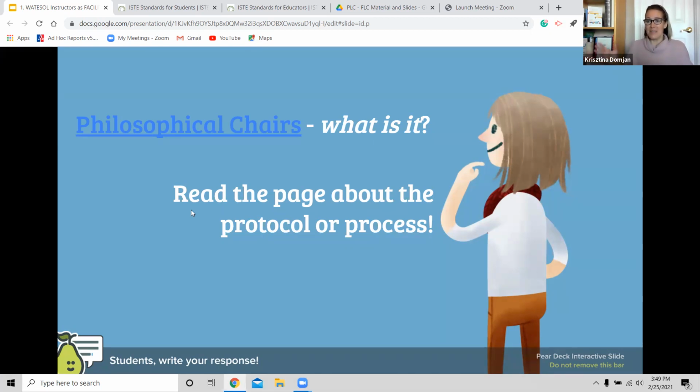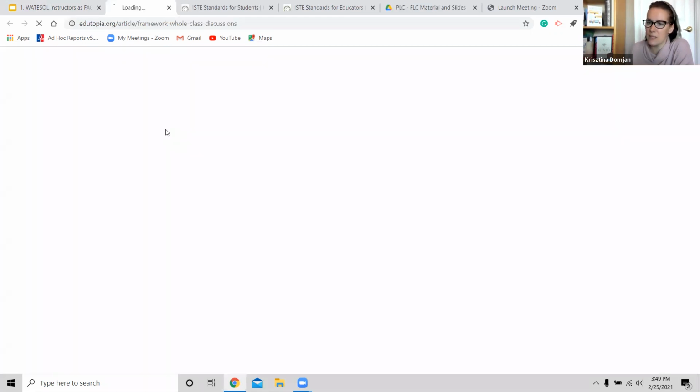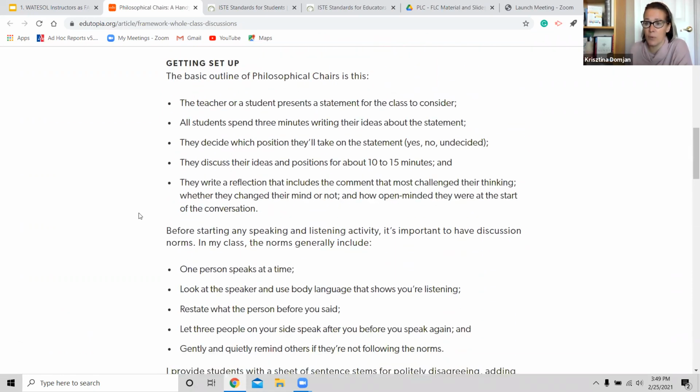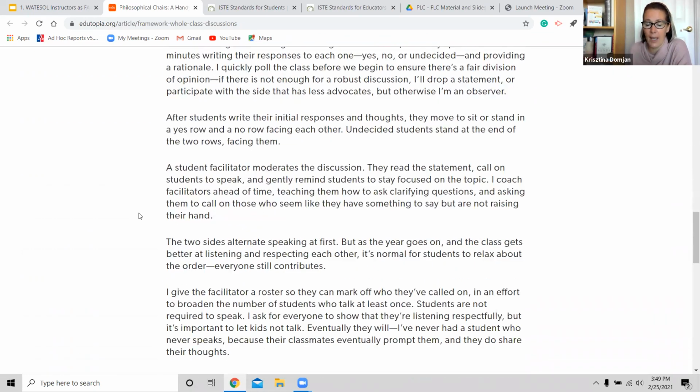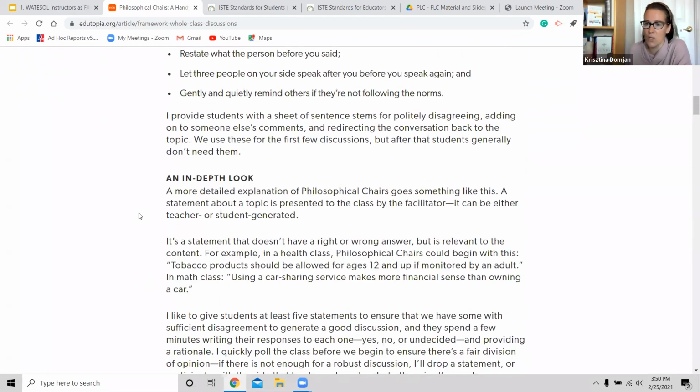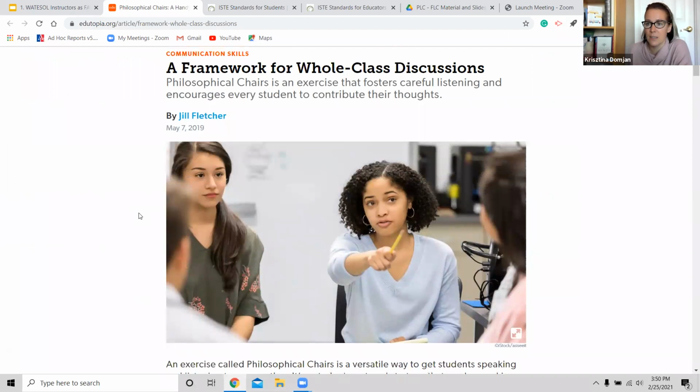What I do, and this is once again technology, in class or online, I pull up the Pear Deck slides, the Google Slides, and I ask students to read about what it means to have a discussion based on philosophical chairs. They will spend some time exploring the details on this page. It's only one page long, so it's not too bad.